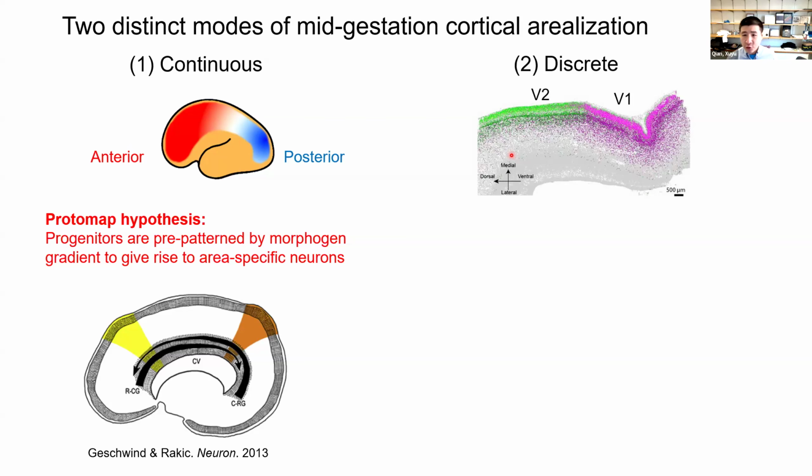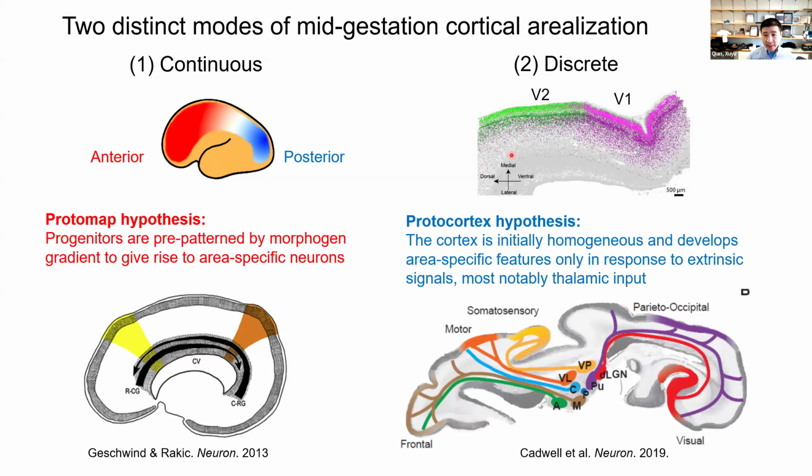But we also observe this discrete sharp border formation of cortical areas that favors the other hypothesis, called the protocortex, in that it is the interaction of the cortex with external projections, such as those coming from different nuclei of the thalamus, that shapes the cortical area identity in a highly specific and localized manner. Both of these models were proposed decades ago, but now we see that they are not mutually exclusive. They work together and may be of different dominant importance at different developmental stages or in different areas.